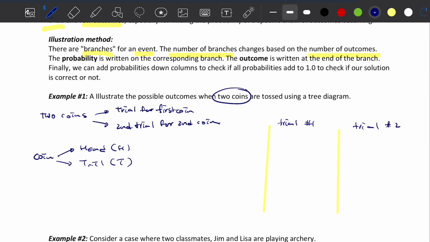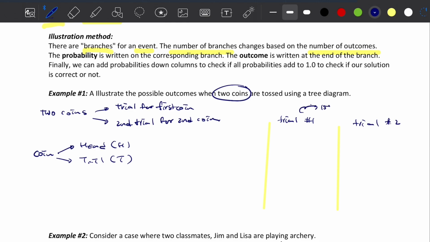Trial number 1 is for the first coin, and trial number 2 is for our second coin. Since we have two outcomes for each trial, we start with two branches. We always start with the dot and then go through the branches based on the number of outcomes. The first branch is the case where we have head, and the second branch is the case where we have a tail.